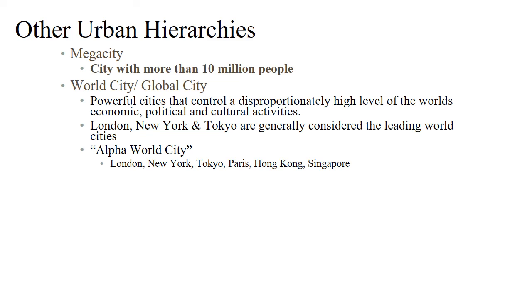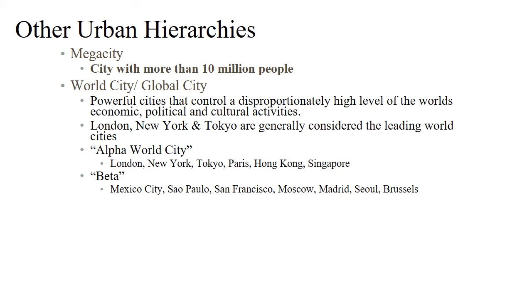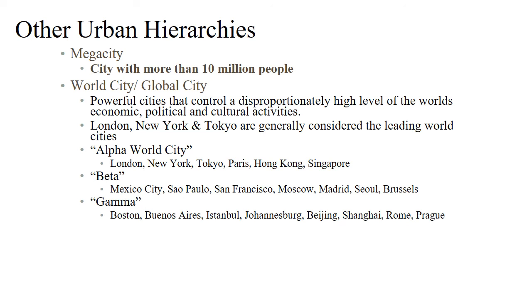In general, world or global cities are known as such because of the distinct role they play in the global economy and their ability to exert influence in media and culture well beyond their city or even national borders. As you move down the hierarchy to beta and gamma world cities, the same characteristics are in play. These are places that have a larger influence than maybe their population might suggest in cultural, financial, political areas, but just to an increasingly smaller degree.